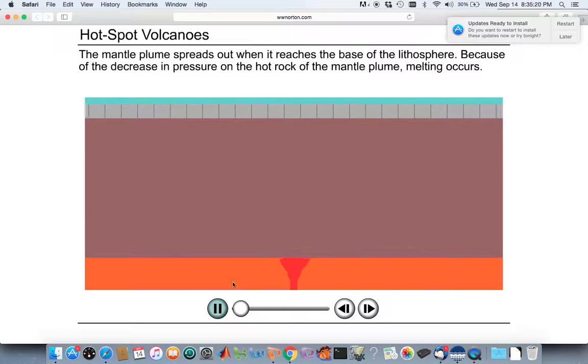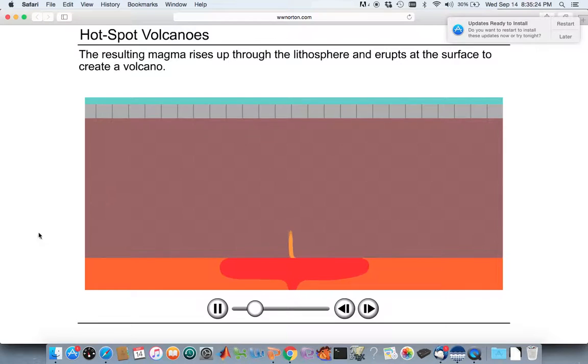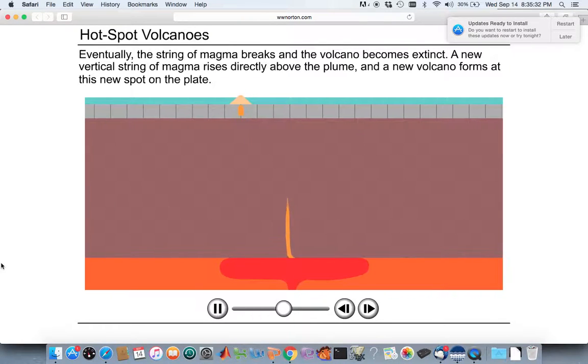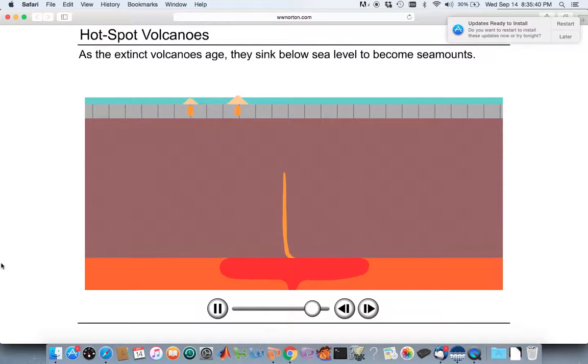And you'll notice that once the volcanoes go extinct, they actually begin to shrink and eventually subside beneath the water. This is because whenever the volcano is active, you have eruption after eruption, which adds mass to the volcano, while erosion is removing mass from the volcano.